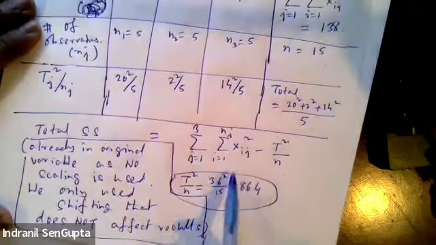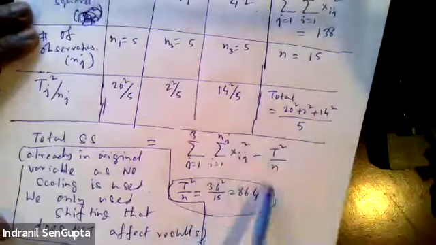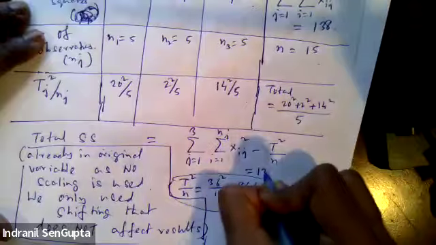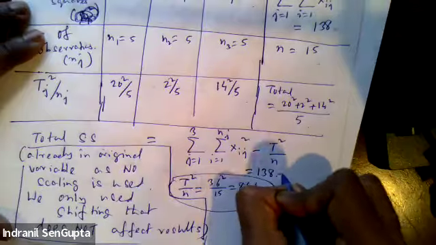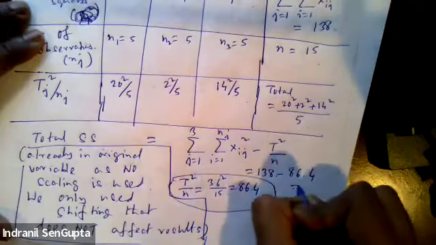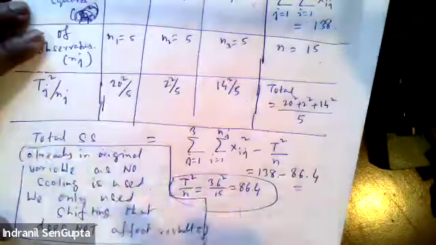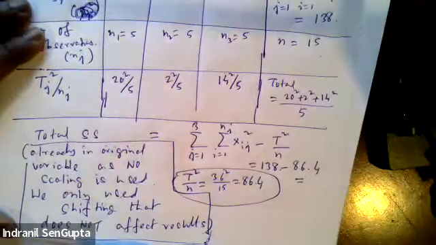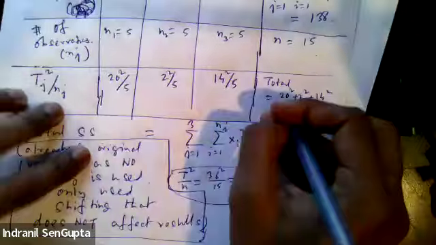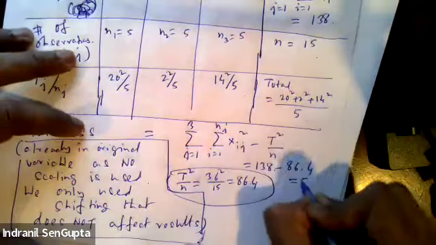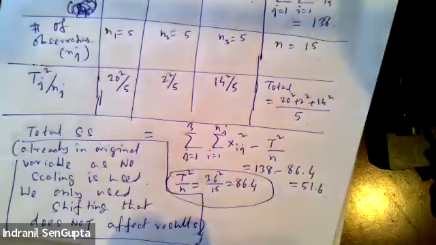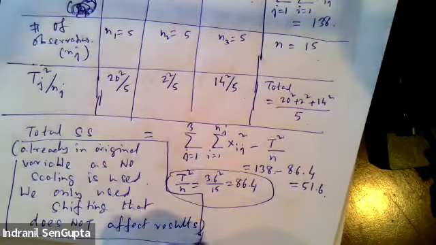Everything should be there. The first number is 138 minus 86.4, which is 51.6. That is the first one.